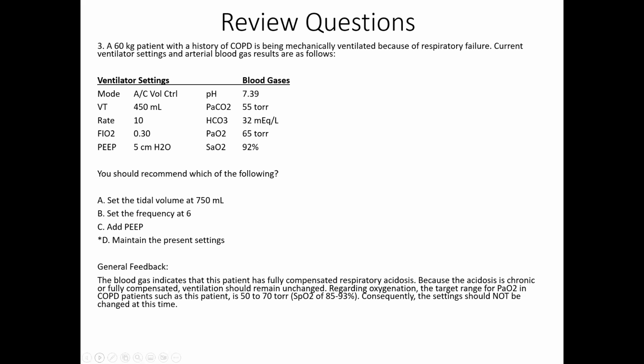So going up to a SAT of 93, clinically, keep in mind, there's studies out there that say we're over-oxygenating our ICU patients. Not all of them, not the head injury patients, but that's more of a recent thing. I don't think the MBRC has really caught up with that, but the key is this patient is a COPD patient. So 65 is absolutely fine for them. Consequently, settings should not be changed at this time.